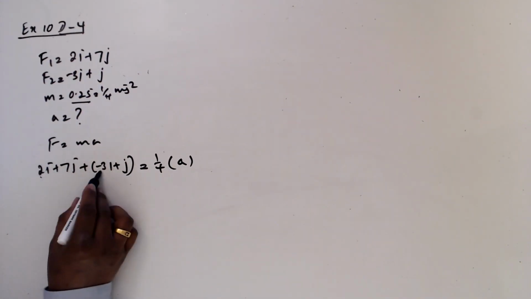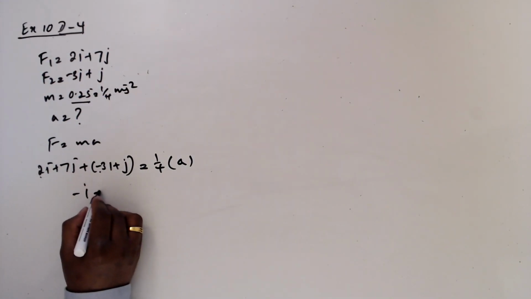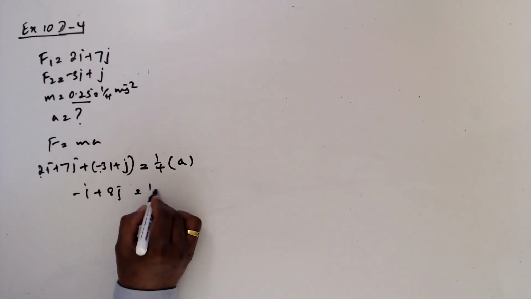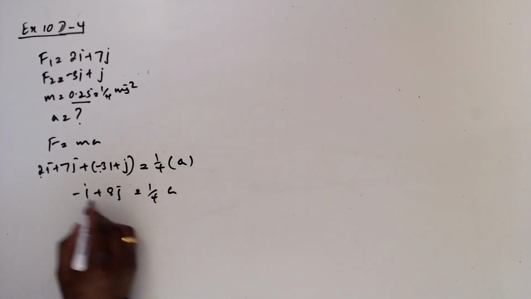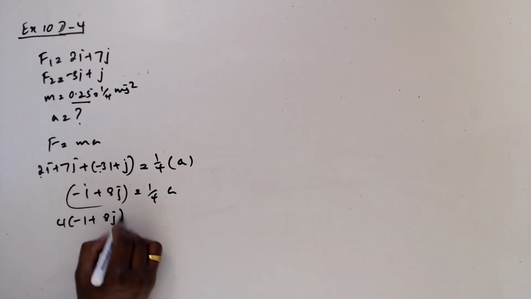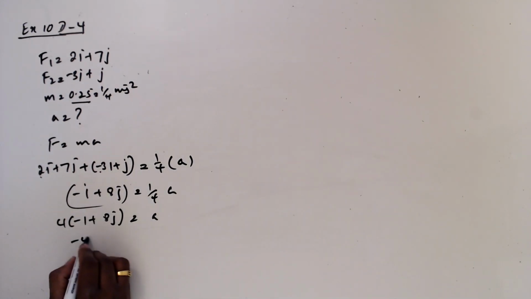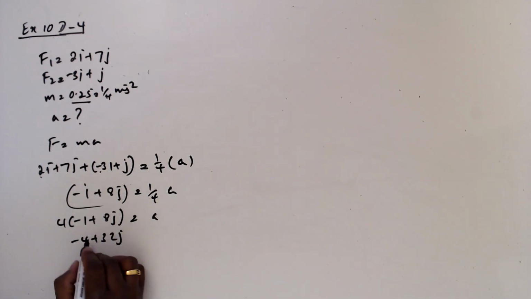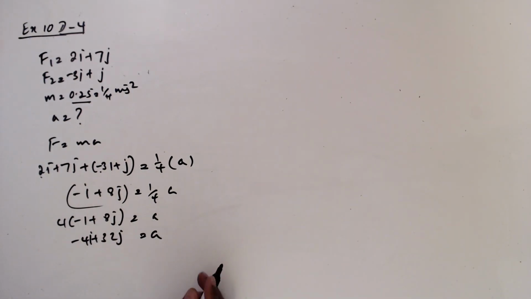So this is 2 minus 3, minus i plus 8j, equals 1 over 4 times a. Multiplying by 4, minus 4i plus 32j equals a.